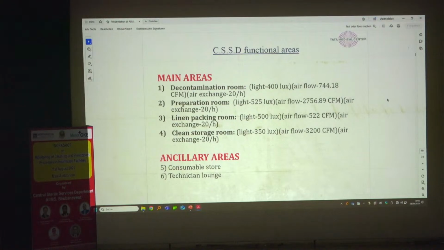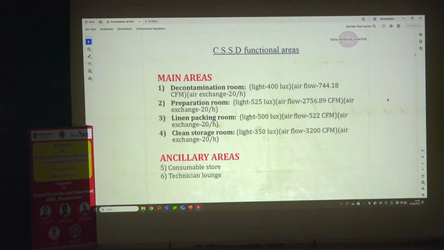The CSSD functional areas are mainly four. The decontamination zone, where I measured the light source, is 400 lux, and airflow is 744.18 CFM. And our air exchange rate is 20 cycles per hour.